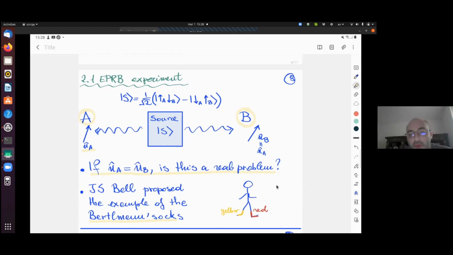So you could be sure that if you observe a sock that was yellow, the other one would be of a different color. But this kind of correlation, which is exactly the same, I want to stress, exactly the same as the one that you observe if you measure the spin aligned in the same direction in an EPR experiment, has nothing to do with quantum mechanics. It is a phenomenon that you can really explain without any notion of quantum mechanics.